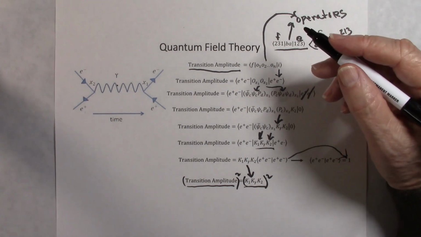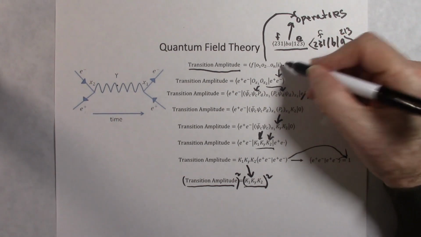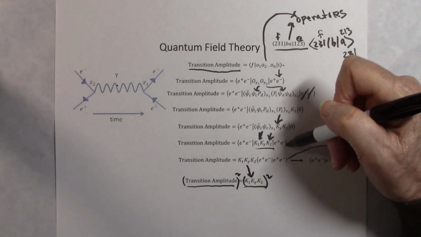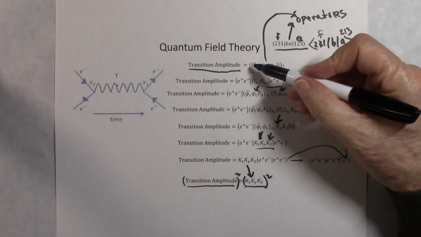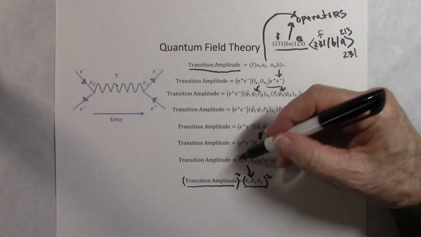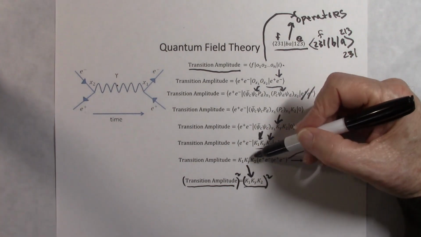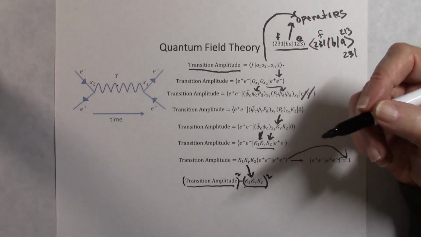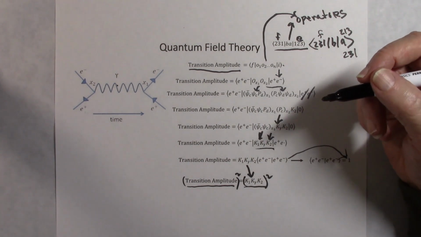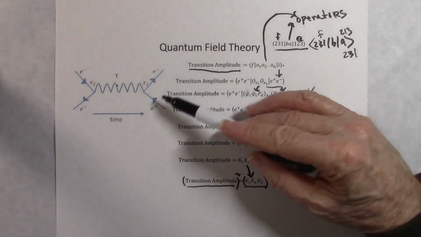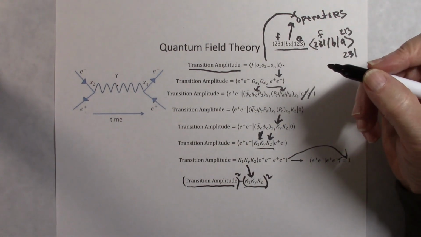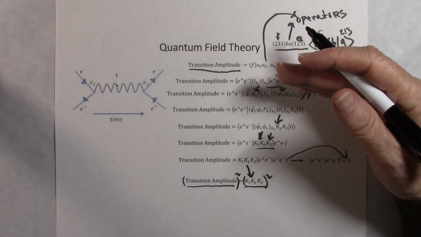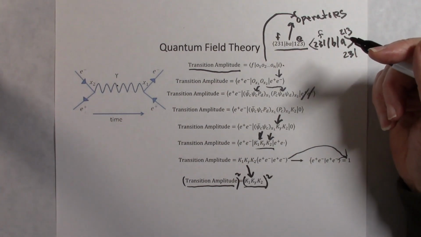In all of these transitions, we start out with an initial state, we operate on the initial state, it gets transformed through all these operators into a final state, and once we've done all that, the mathematics tells us the square of this transition amplitude is the result. The square of that number tells us the probability that that particular interaction happens. And that is, in an oversimplified nutshell, the essence of quantum field theory.